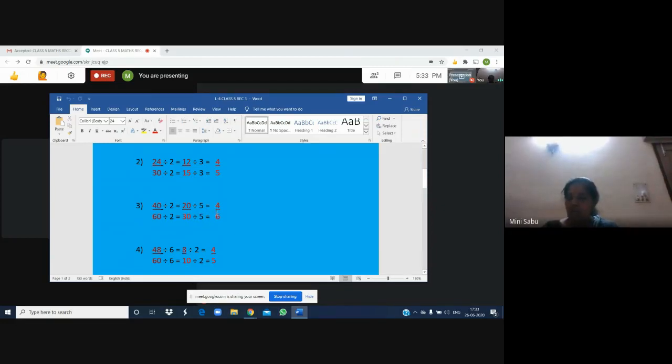So you got 4 by 6. So we can say 40 by 60, 20 by 30 and 4 by 6 are all equivalent fractions. Which method did we use here? We used the division method. Since we use the division method, there is a limitation for equivalent fractions.